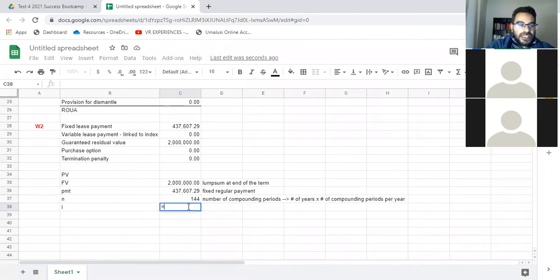So this is going to be 7.75%. But remember, we need to divide it by the number of compounding periods.